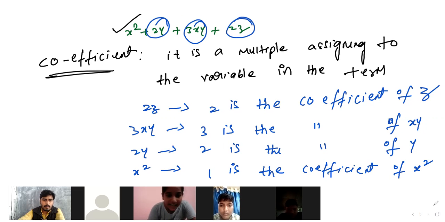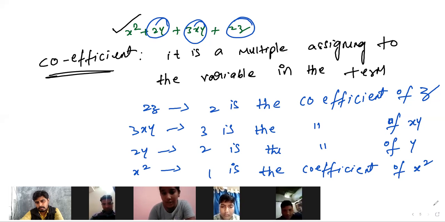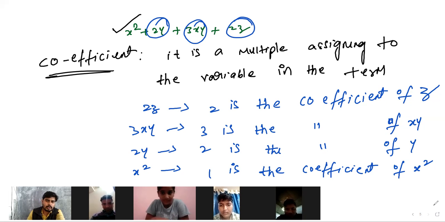Sir, here there is 2z. Can we write this as z is the coefficient of 2? No, no. Coefficient is different. Z is the variable. For that variable, we have a coefficient. Look at the definition of coefficient.